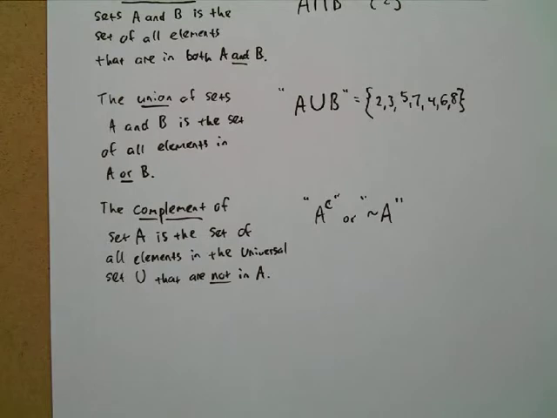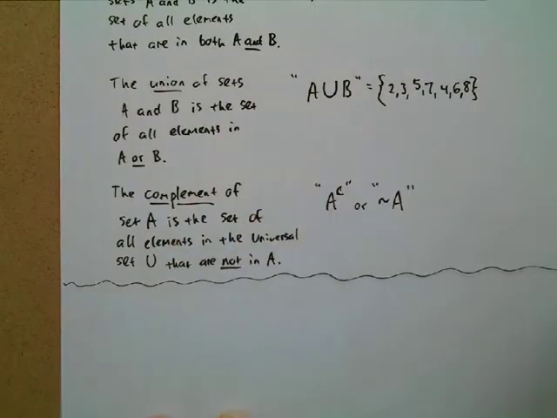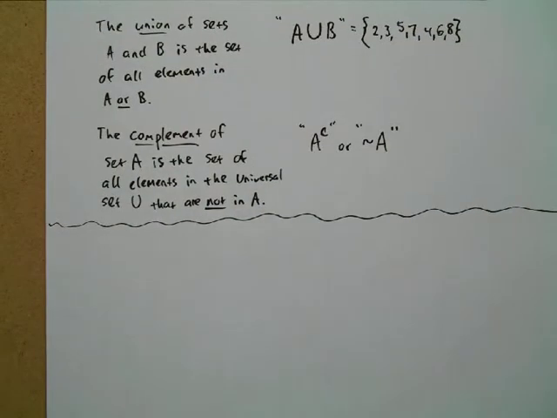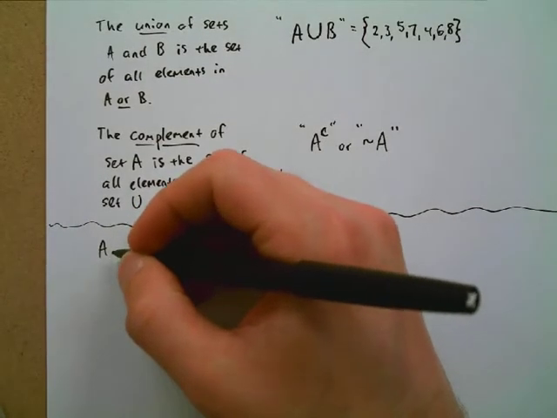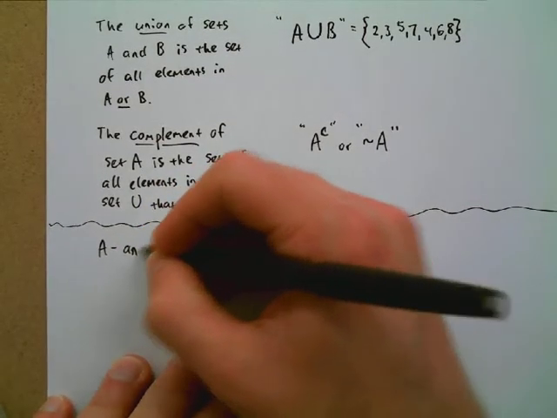All right, so now let's put that together with probability. There's a lot there. Let's say A is an event.